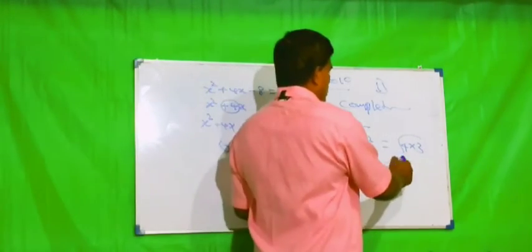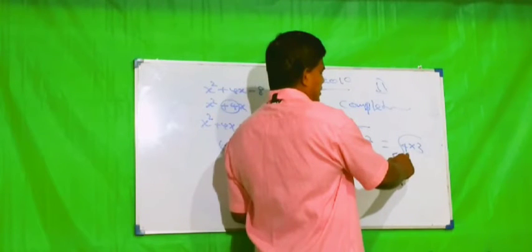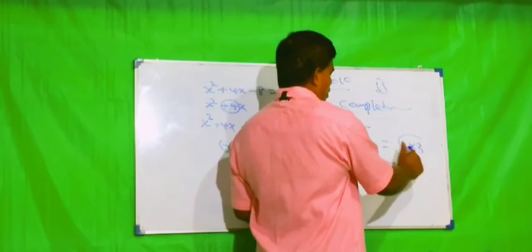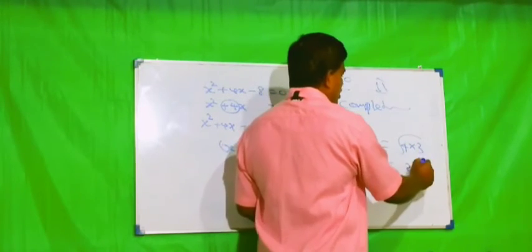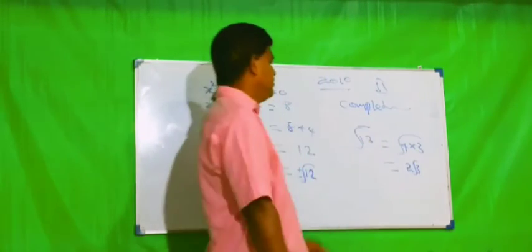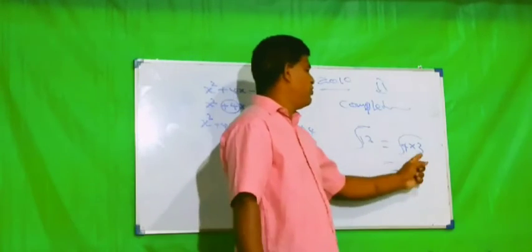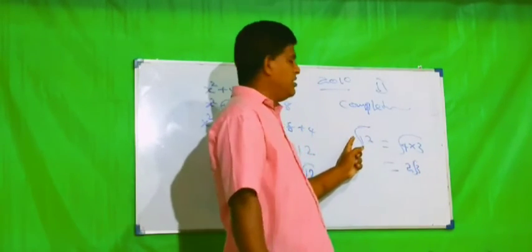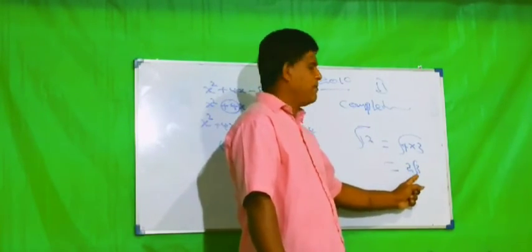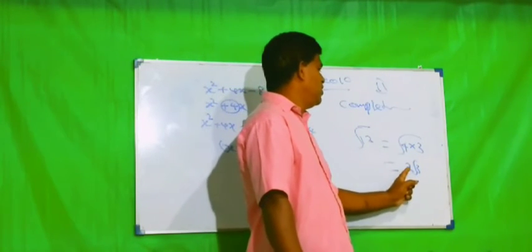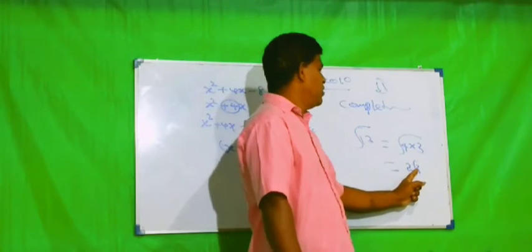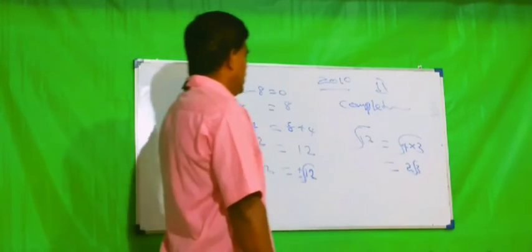Now the square root of 4 is clear, it is 2, but the square root of 3 is unknown. So this is the method of converting an entire surd into a simple surd. The square root of 12 is 2 root 3.